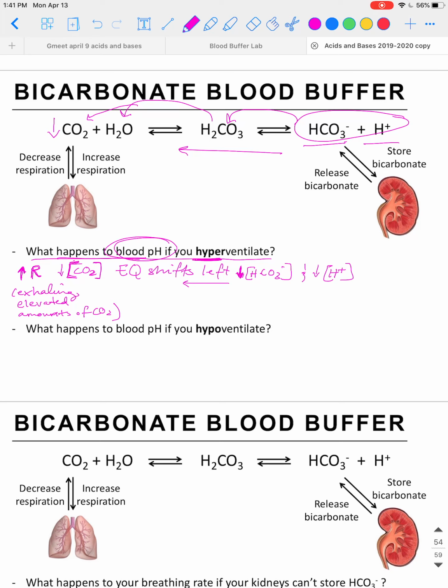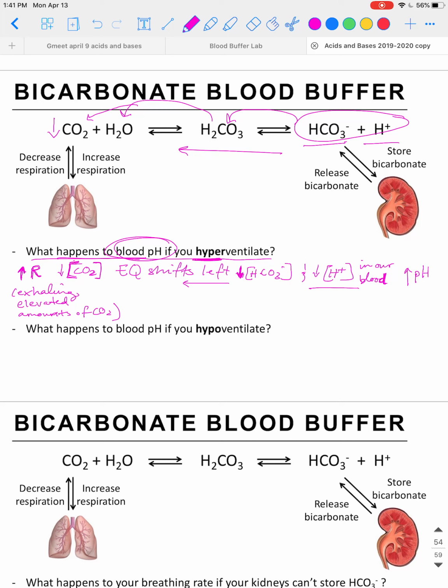All right, now the question is, what happens to blood pH? How does this affect pH? Well, if we're decreasing the concentration of H+ in our blood, you guys remember the two relationships I said you need to memorize for exam 4 about pH and concentration of H+?